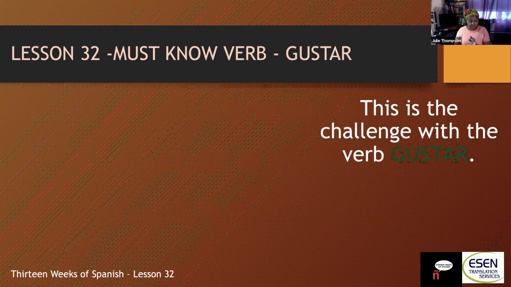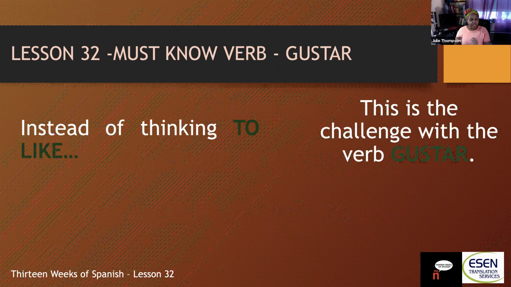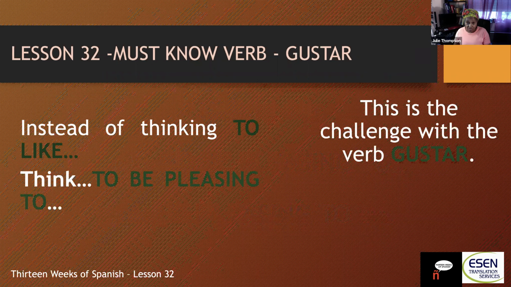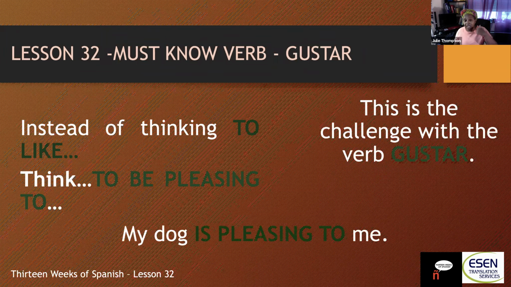So this is the challenge with the verb gustar. Instead of thinking to like, we need to think to be pleasing to. And that turns things around. My dog is pleasing to me.